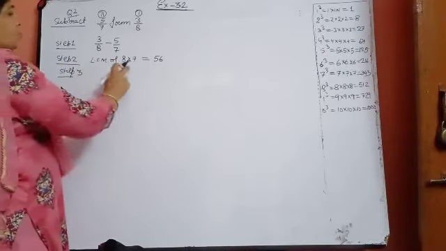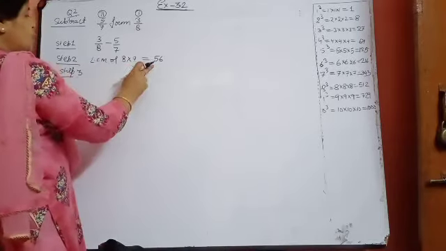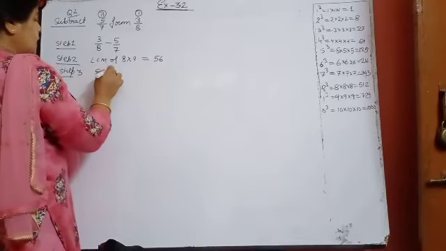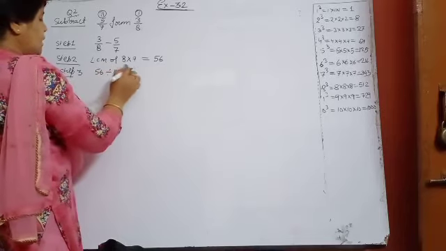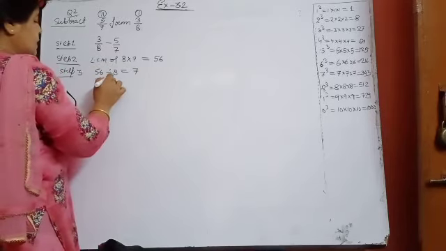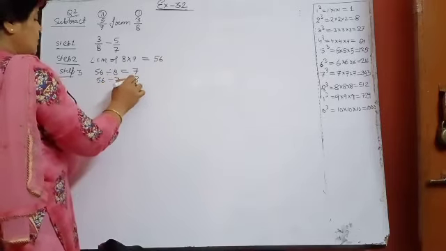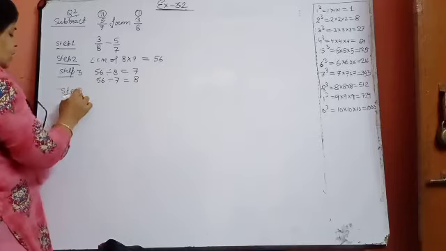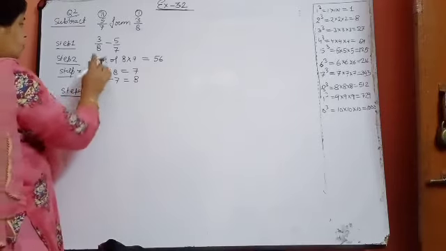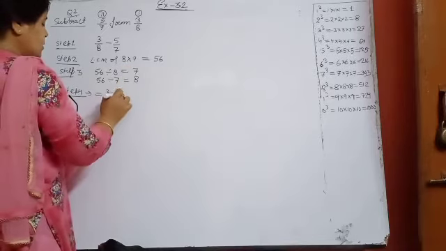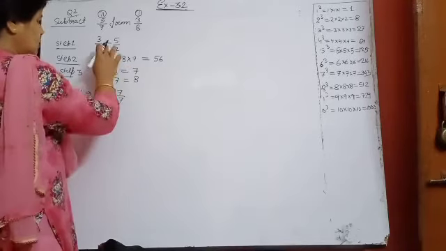Now come to this 56. Step 3 is 56 divided by 8. What you will get? 7. Then 56 divided by 7, what you will get? 8. Now see that step 4. In step 4 what you will do? 3 upon 8 multiplied by 7 upon 7. Then what sign between them?